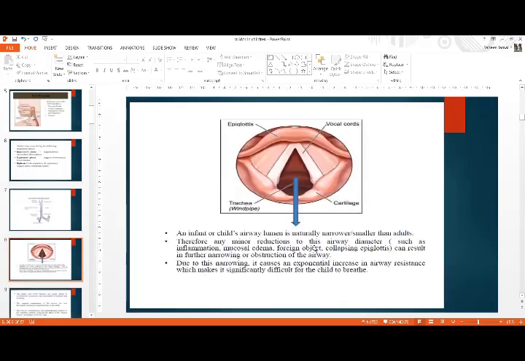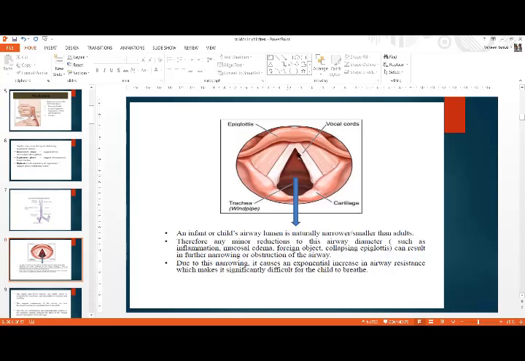How and why is stridor audible in children? It is very common. It is because the lumen of an infant's airway is naturally narrower than that of adults. Therefore, if there is any minor reduction to this airway diameter, it can be inflammation, mucosal edema, or some foreign object, then there will be further narrowing and obstruction of the airways.